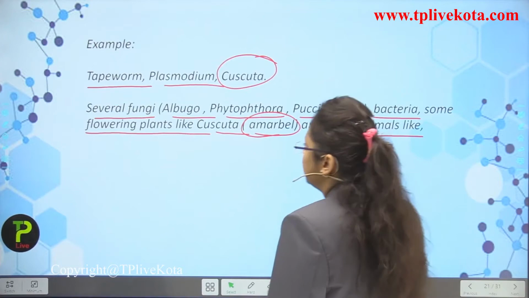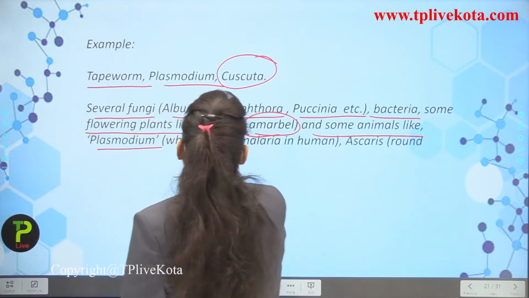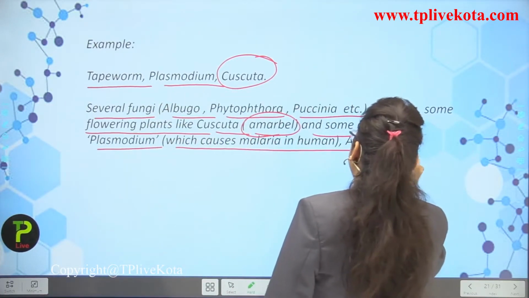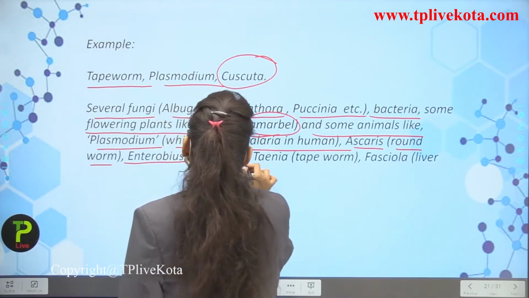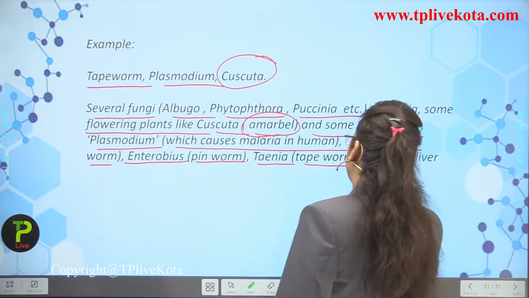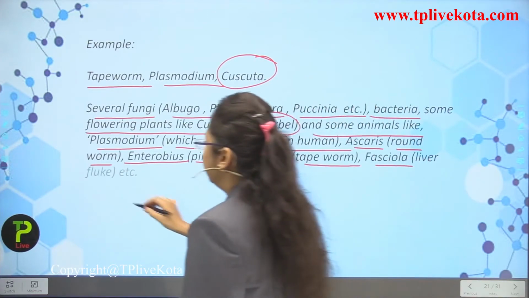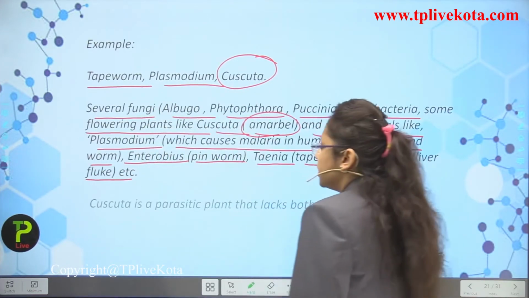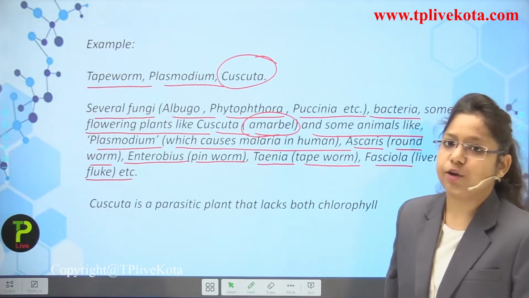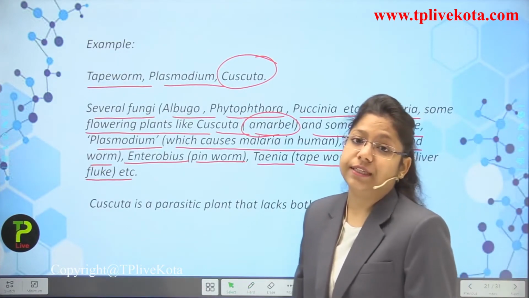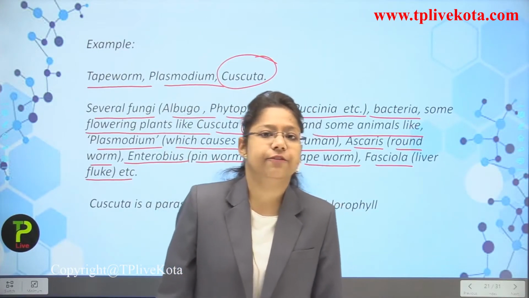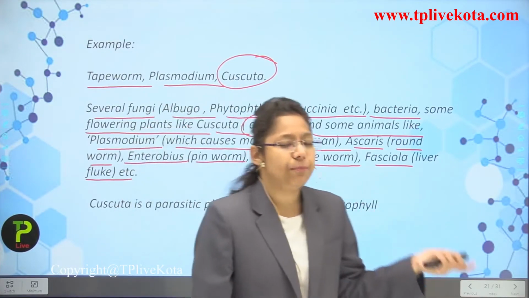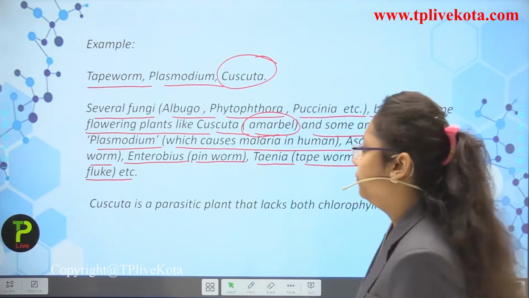And some animals like plasmodium, which causes malaria in the human, ascaris, the roundworm, enterobius, pinworm, taenia, tapeworm, fasciola, liver fluke. Okay, so these are several examples of parasites. So are you seeing that there is a variety of parasites present inside our environment in the form of bacteria, plants, or fungi?